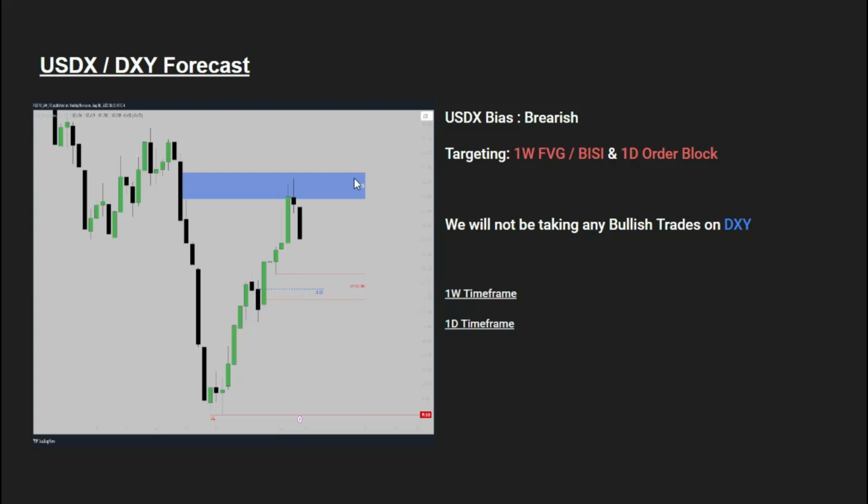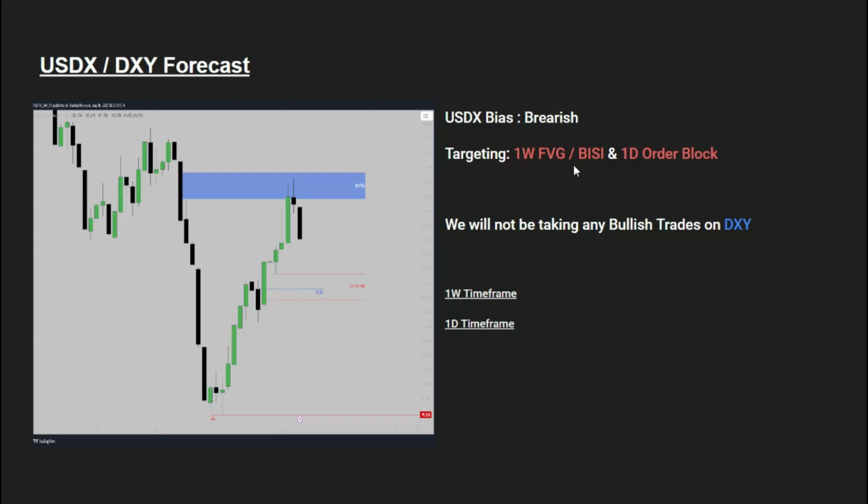So the first thing we are able to identify here is the dollar index. I set up my bias based on the fact that we are in a higher time frame period. So let's just go into our charts. But in short description, USD bias is bearish.